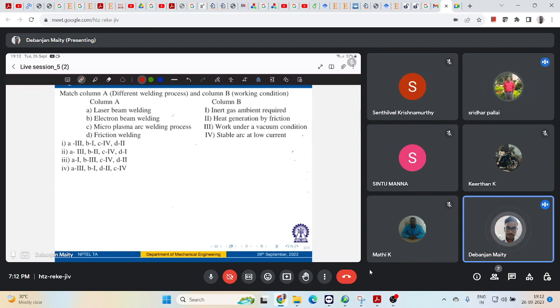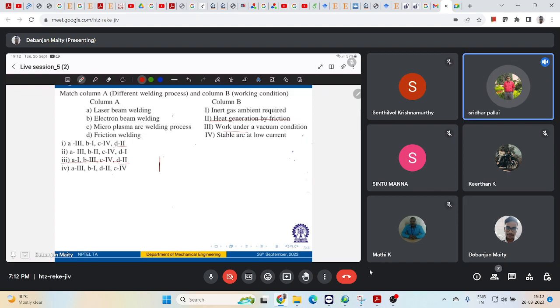We have this laser beam welding, heat generation by friction. This is friction welding. Okay, so there is no need to check. In laser beam welding, you don't use vacuum condition. Yes, sir, option 3 is correct.